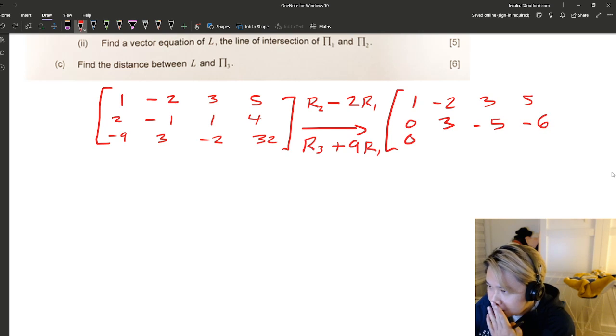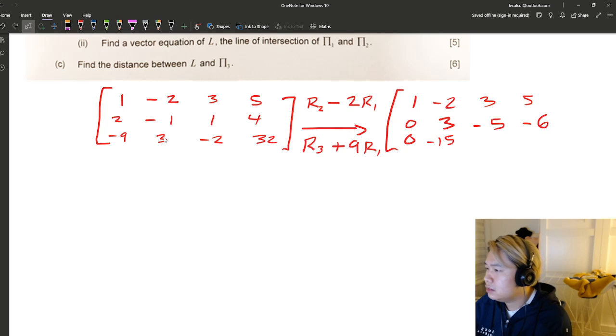Then -2 times 9 is -18, plus 3 is -15. 9 times 3 is 27, so this is 25. And lastly, 5 times 9 is 45, and 45 plus 32 is 77.